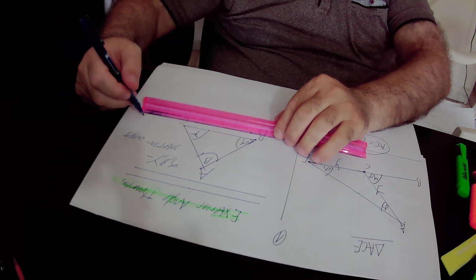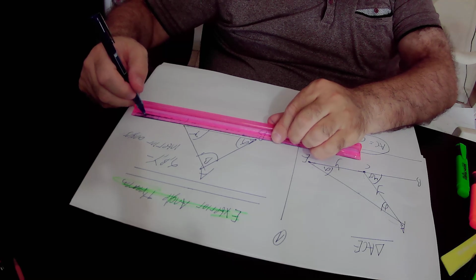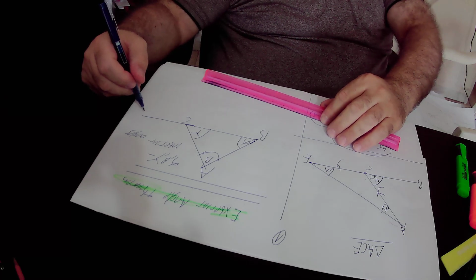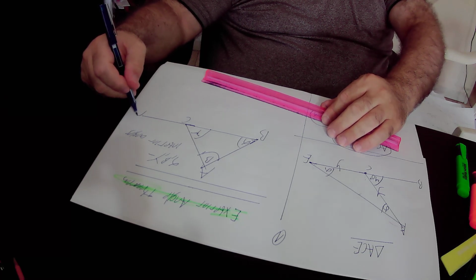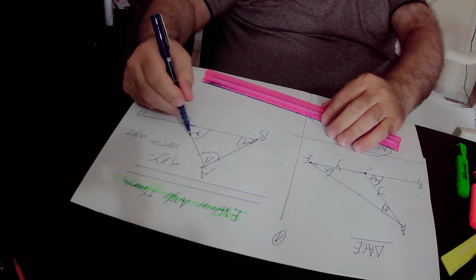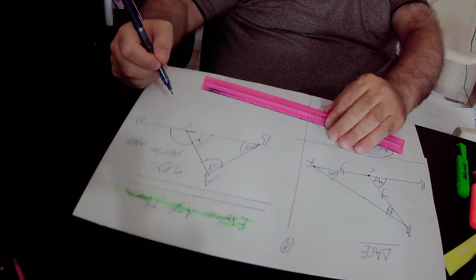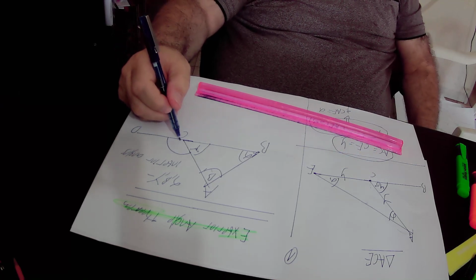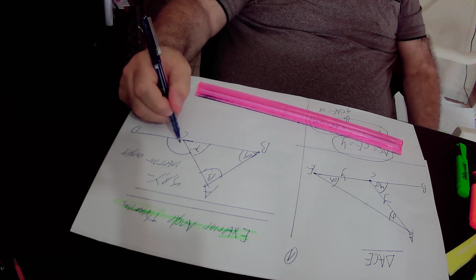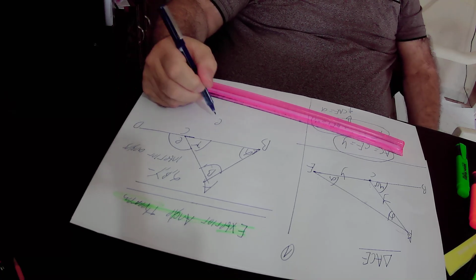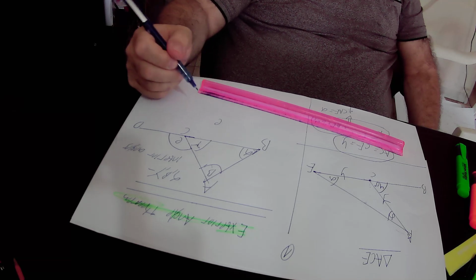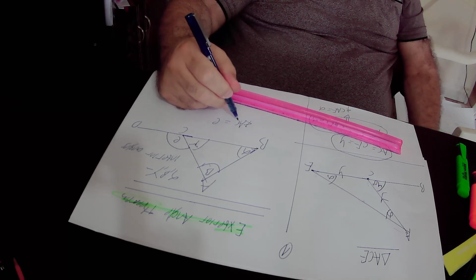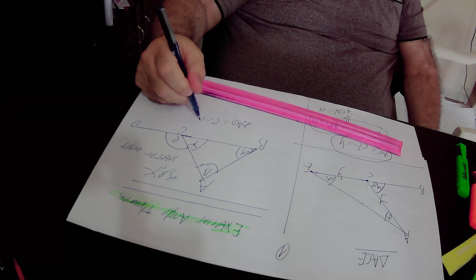While this angle ACD is defined as an exterior angle, so I will define it as angle E. The angle E, which is equal to angle ACD, is defined as an exterior angle.